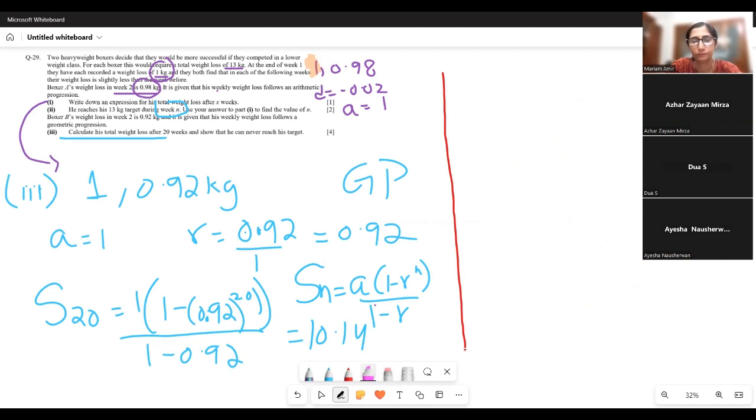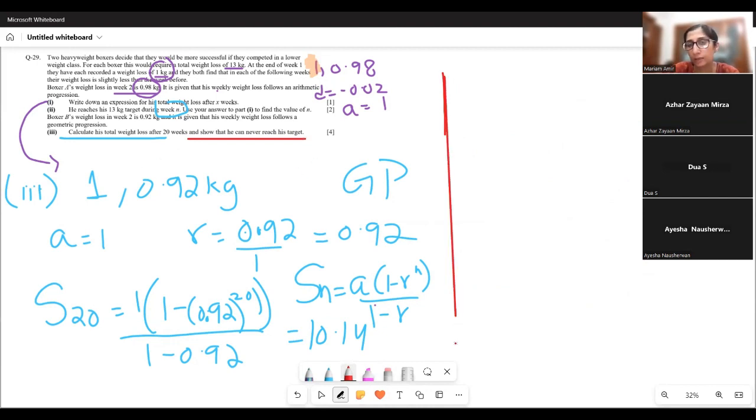Okay. All right. The next part says, show that he can never reach his target. They are saying that no matter which week it is, the target will not be achieved. The target is that the total sum reaches 13 kg of weight loss. But you have to show that it's not possible. No matter how many weeks he keeps doing this, the sum will never be 13 kg.